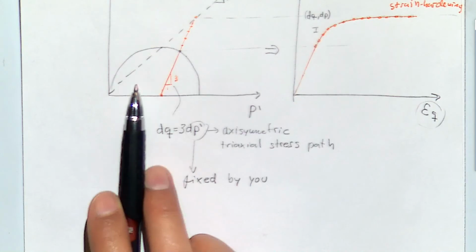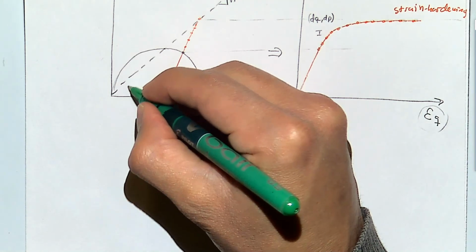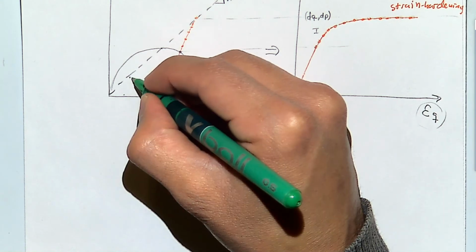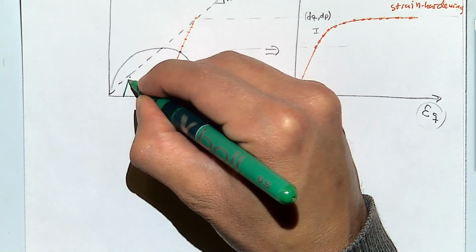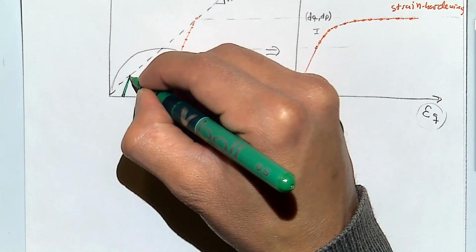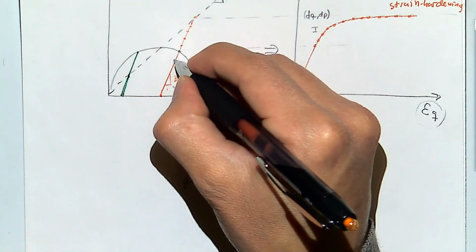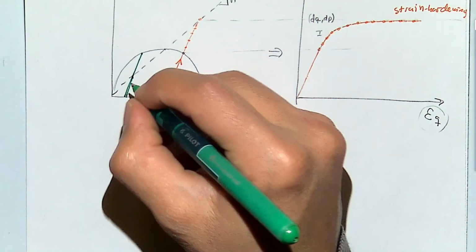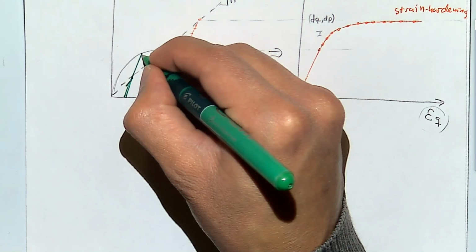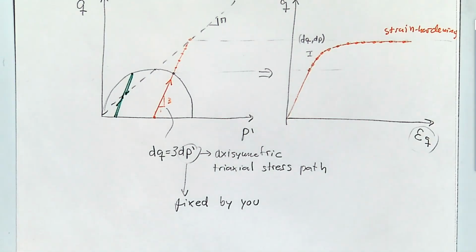We also saw that for the same material, if you start at a relatively low mean stress, this is going to be something like this, and this is a stress path. It's going into this direction, but then it's going to come back eventually into that critical state line.